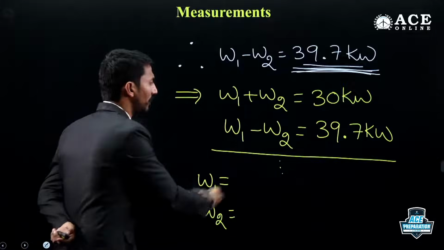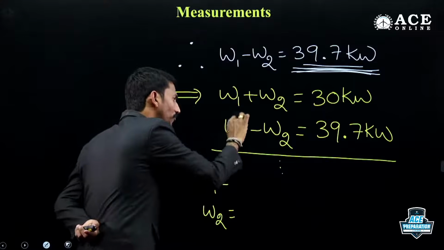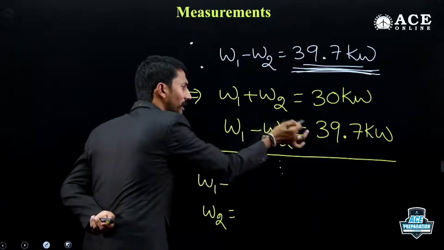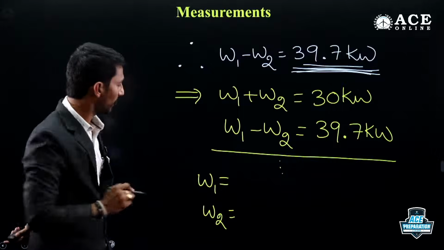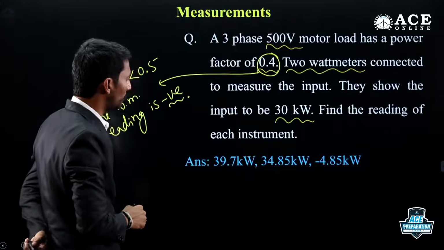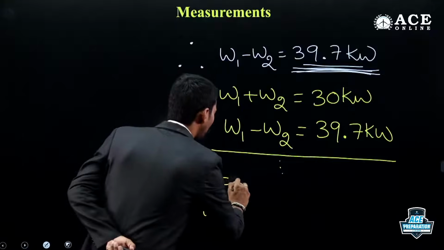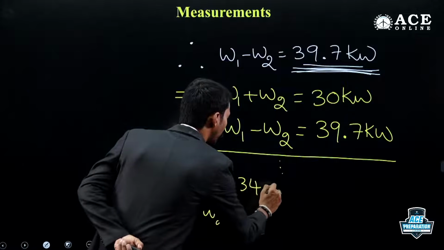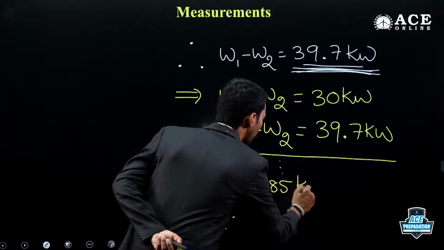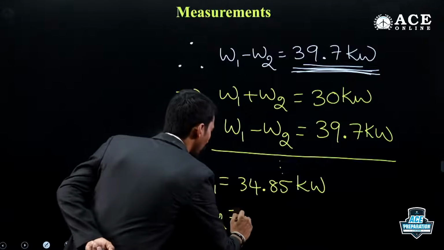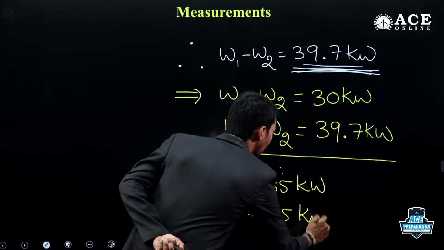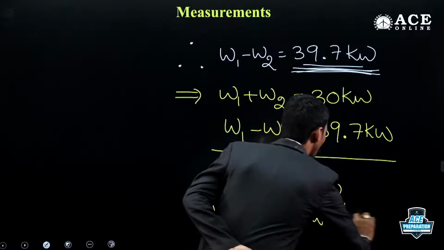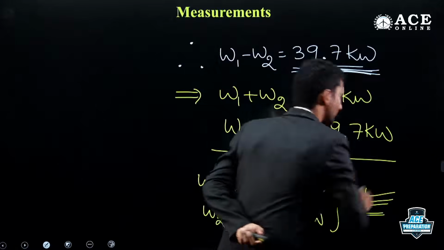Minus of negative is automatically positive, so the value will be increased. If you simplify this, the values are 34.85 kilowatt and minus 4.85 kilowatt. These two are the final answers.